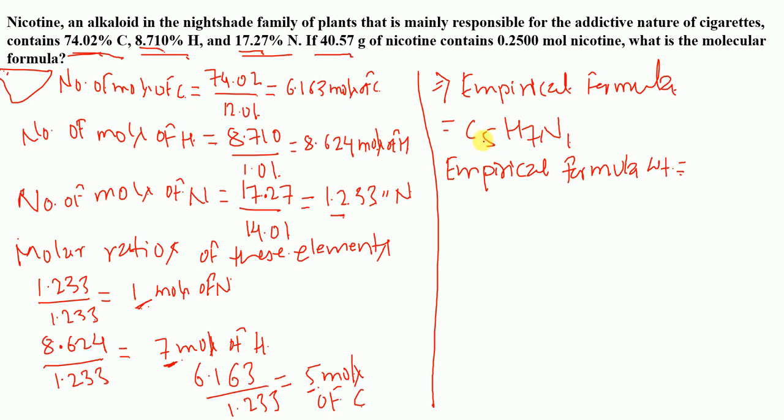For C5H7N1, carbon is 12.01, so 12.01 times 5, plus hydrogen is 1.01 times 7, plus nitrogen 1 times its atomic mass, which is 14.01.